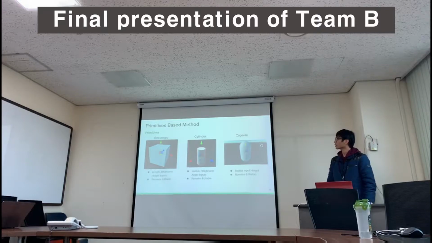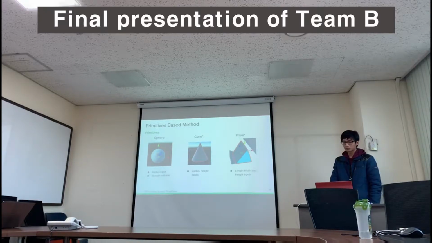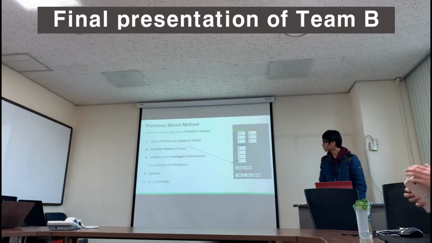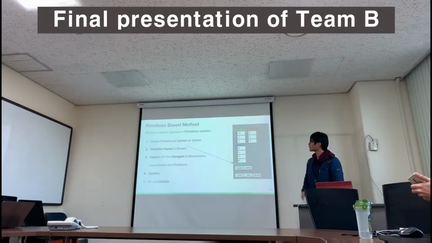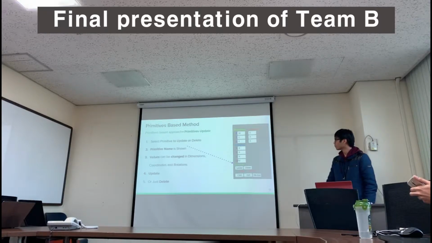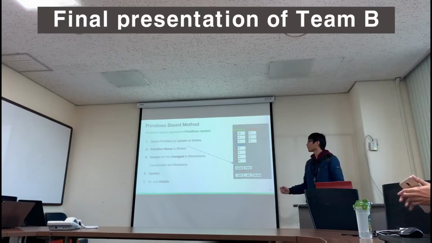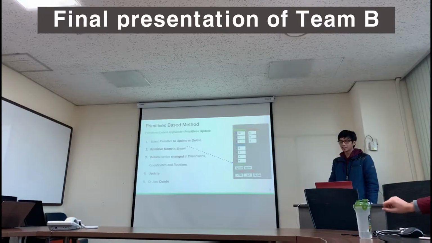And then you can further edit them using those 3 buttons using a CSG method. Here are the predefined solids, predefined primitives that we have. And these are the ProBuilder primitives. So the steps to use this is that we first select primitive to update or delete. Then the primitive name will be shown, and the values can then be changed with the dimensions and coordinates and the rotations.